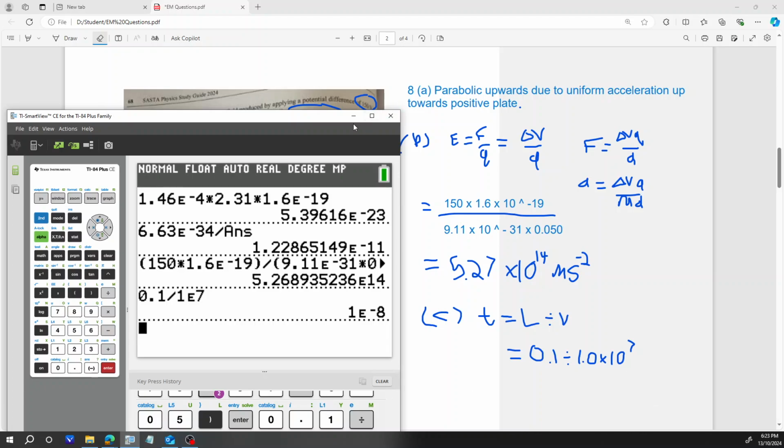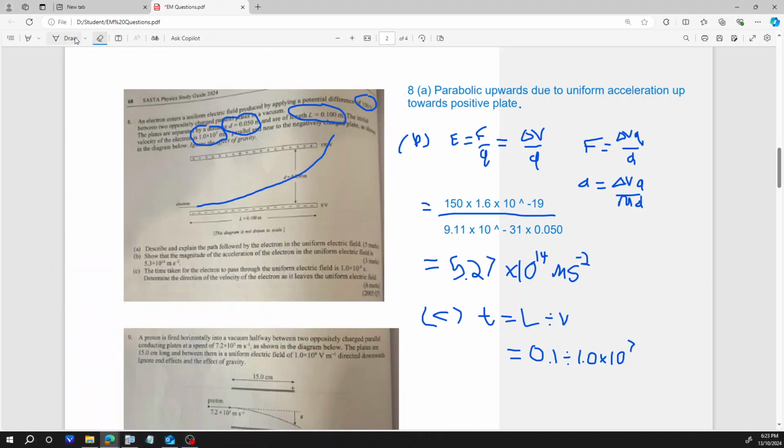Yep, 10 to the minus 8. I know writing it with the 1 times is kind of redundant, but it's still scientific notation. Should probably write it as 1.0 to be honest. Seconds. Okay.